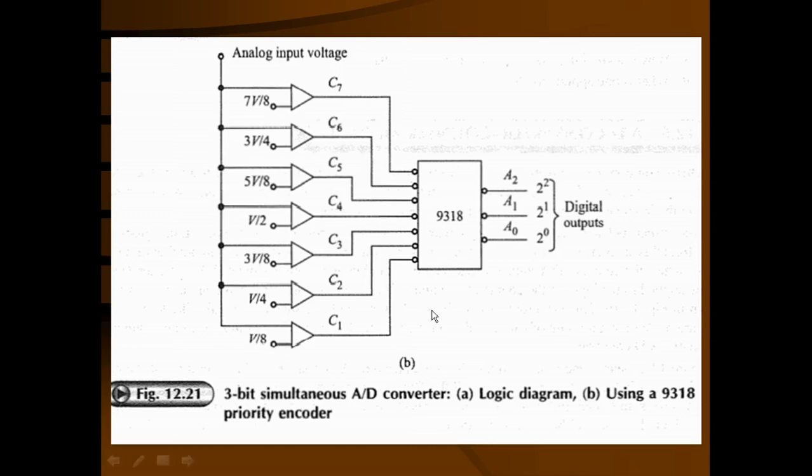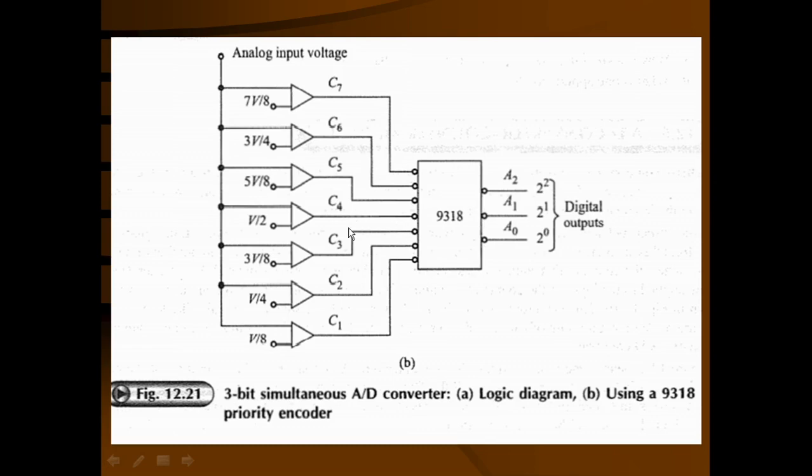So you can see that the encoding matrix, etc., then the read-in gate that is resetting the flip-flops, everything is going to be covered in a single IC. That IC is the TTL 9318 IC. Here the input is also going to be priority with the zeros, and the output is also with the priority of the zeros, so they are inverted.